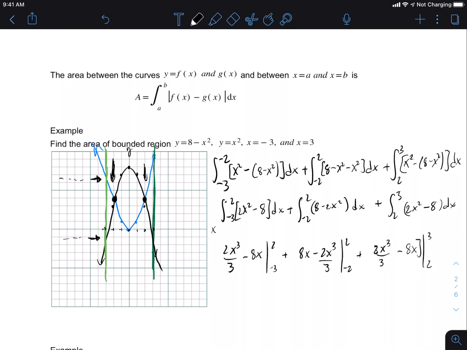Really I should put brackets so that we know what the bounds are doing, right? And you can verify me if you'd like, but the answer is 92 over 3 units squared. I promise I'm right.